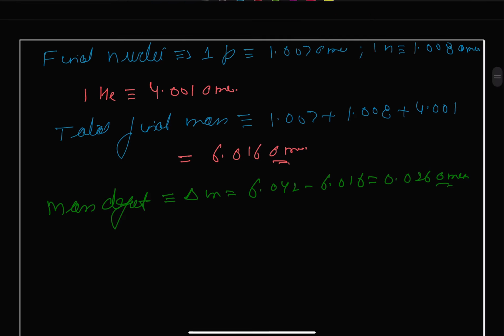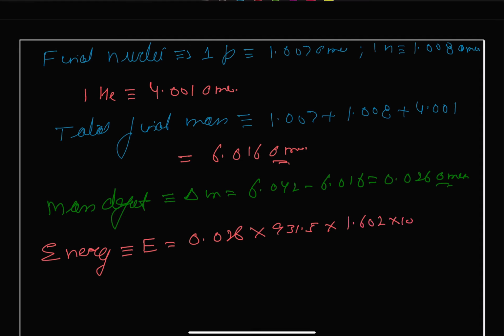So we can say our energy, let us suppose that is E, will be equal to 0.026 multiplied by 931.5 multiplied by 1.602 into 10 to the power minus 13.